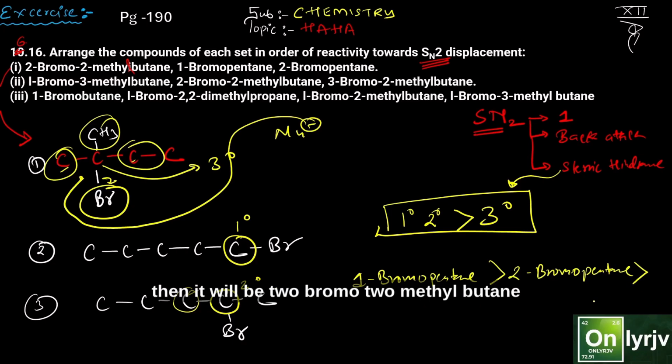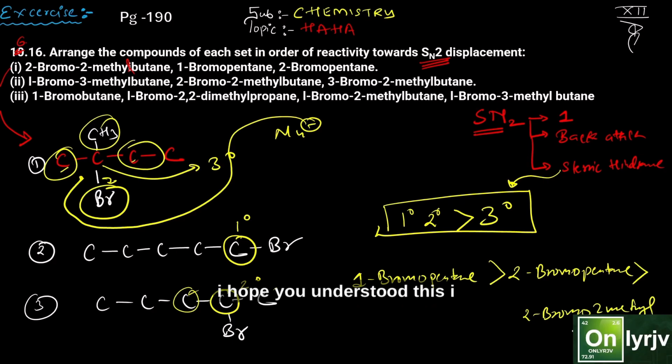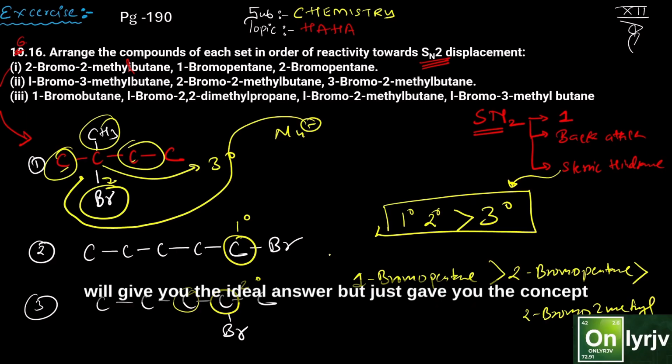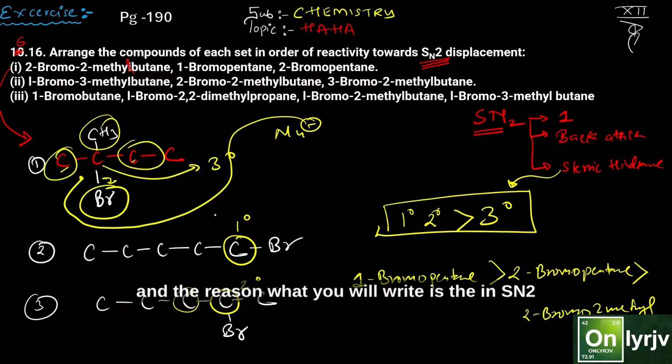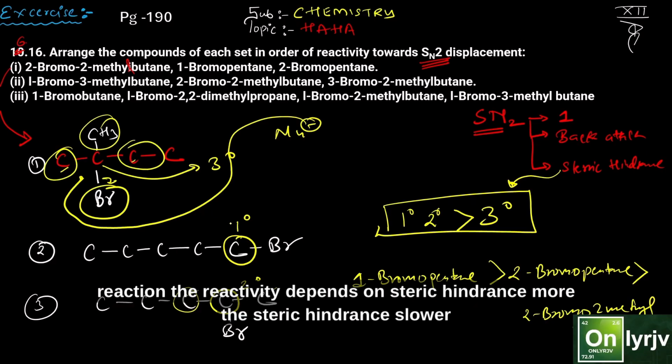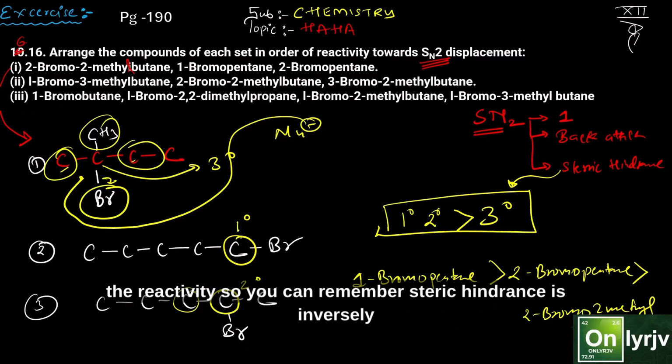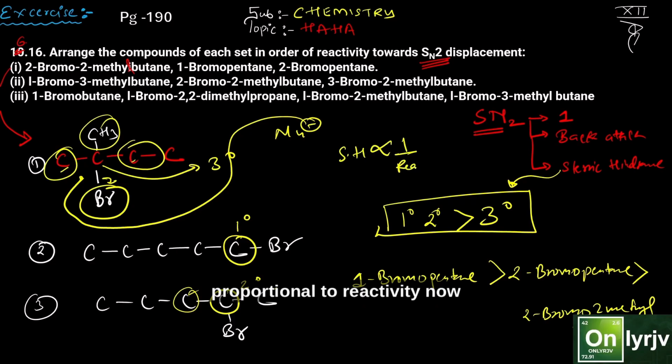And then it will be 2 bromo 2 methyl butane. I hope you understood this. I will give you the ideal answer, but I just gave you the concept. And the reason you will write is that in SN2 reaction, the reactivity depends on steric hindrance. The more the steric hindrance, the slower the reactivity. So you can remember steric hindrance is inversely proportional to reactivity.